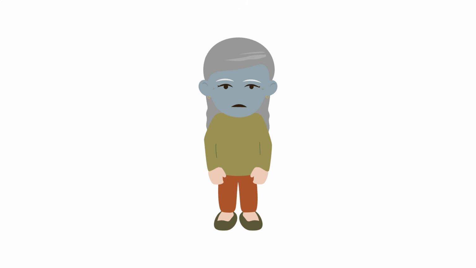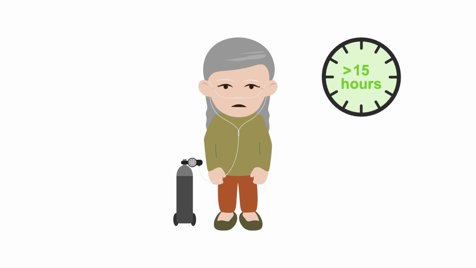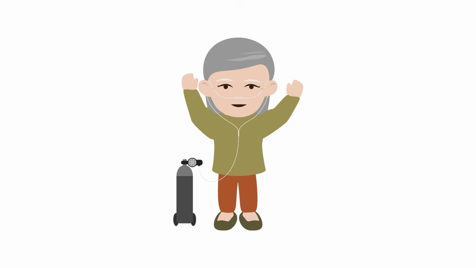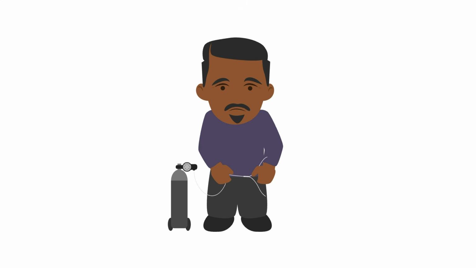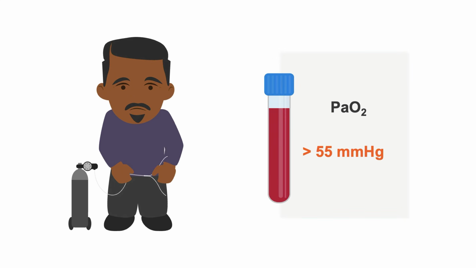Studies have shown that supplemental long-term oxygen for more than 15 hours per day in patients with severe resting hypoxemia increases survival. On the other hand, oxygen does not benefit patients with stable COPD experiencing slightly lower than normal arterial oxygen levels, partly due to their adaptation to mild hypoxia and a diminished respiratory drive with supplemental oxygen.